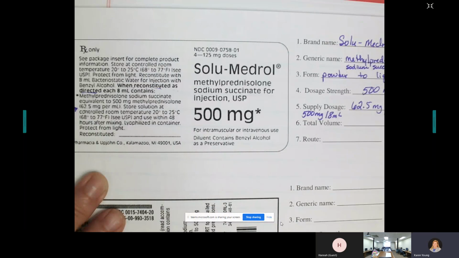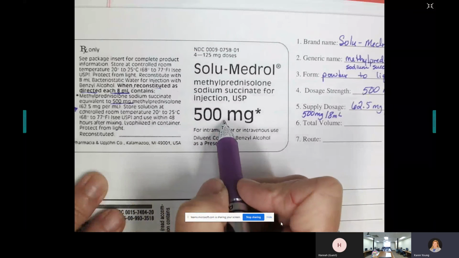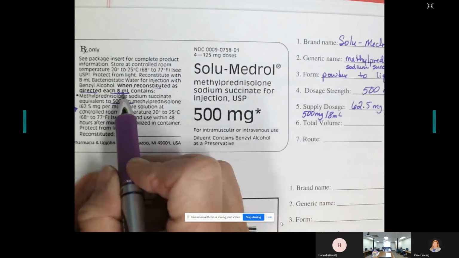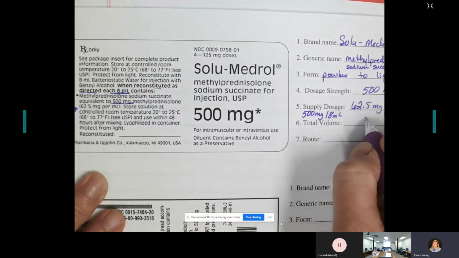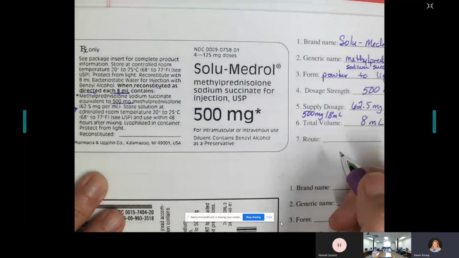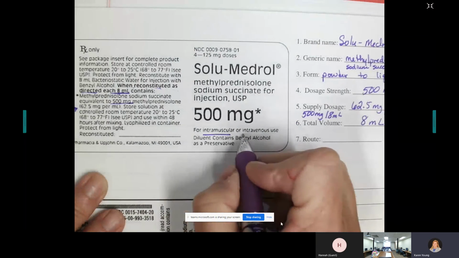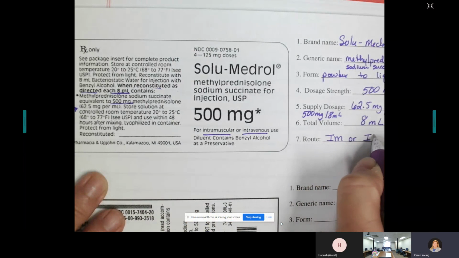If you look, when we reconstitute it, each 8 milliliters is equivalent to 500 milligrams of medication. I'm going to add 8 milliliters, and that gives me the 500 milligrams. So my total volume is actually 8 milliliters. And then my route, it's intramuscular or intravenous, so I'm going to do IM or IV.